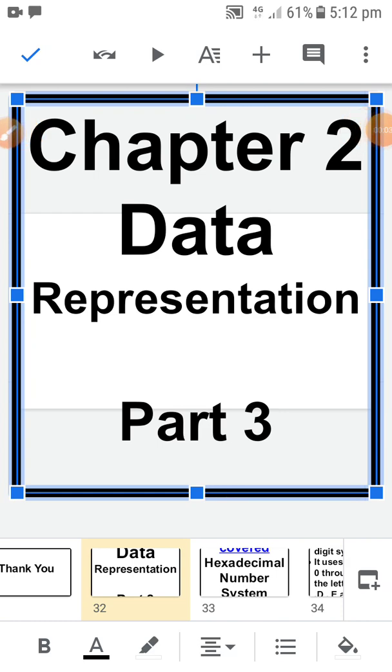Students, this is chapter number 2, data representation part 3. In this we are going to discuss the last number system, that is hexadecimal. Previously we have discussed the octal number system.